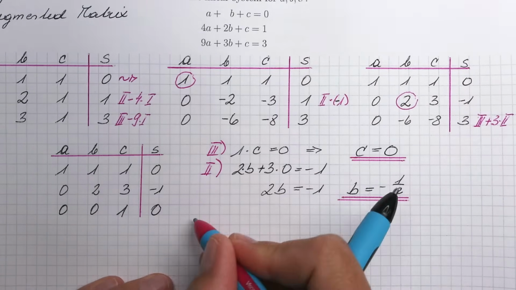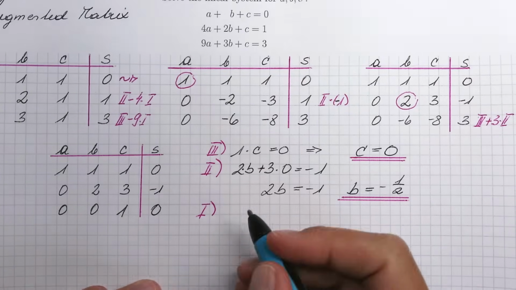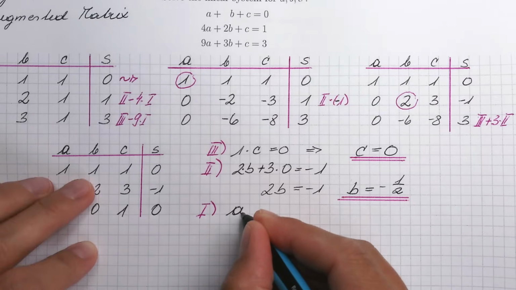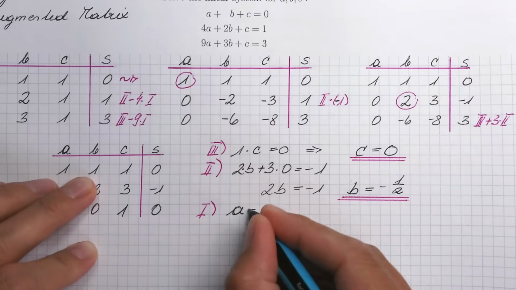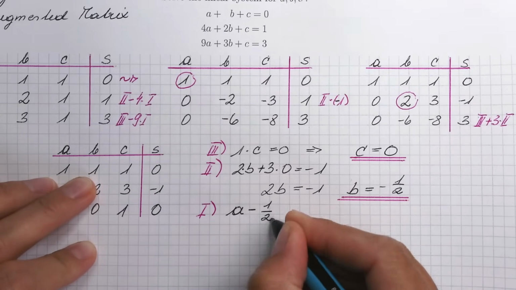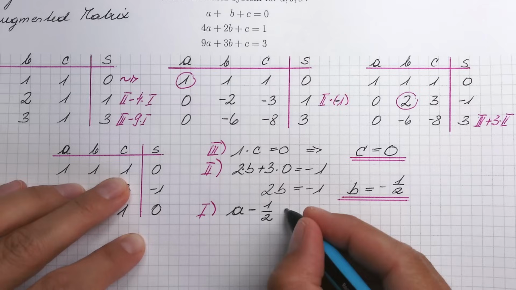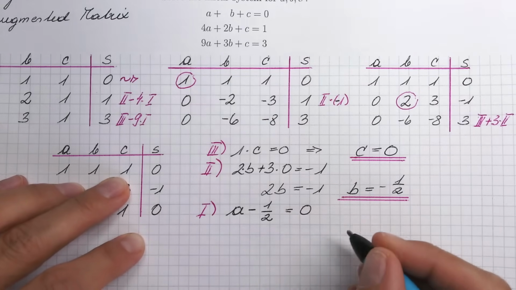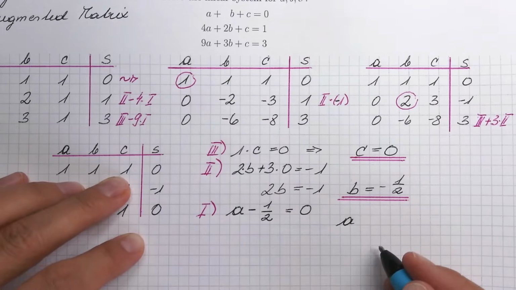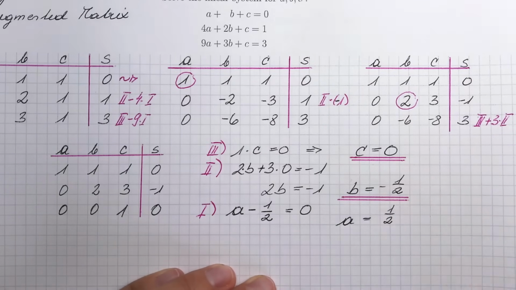And finally, from the first row we have a. 1 times a is a, plus 1 times b is minus 1/2, plus 1 times c is 0, equals 0. Therefore, we put the 1/2 to the right side, and a equals 1/2.